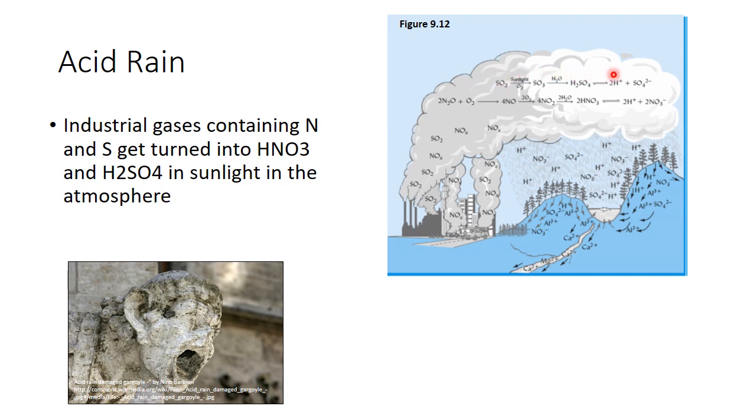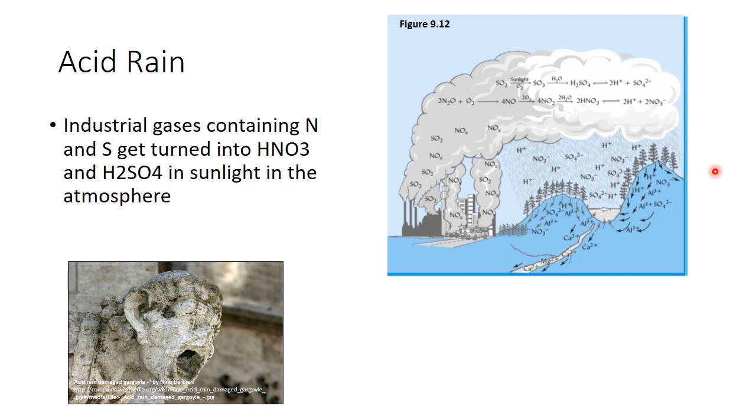Here we have sulfur, in combination with sunlight, eventually producing sulfuric acid, and N2O emissions going through chemical reactions in the presence of sunlight, eventually creating nitric acid.